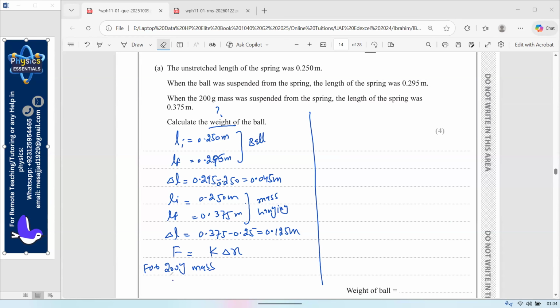So M will be 0.2 because 200 grams is converted into kilograms, and g is 9.8, equals K times delta X, which is 0.125. So from here the value of K is 15.68 newtons per meter.